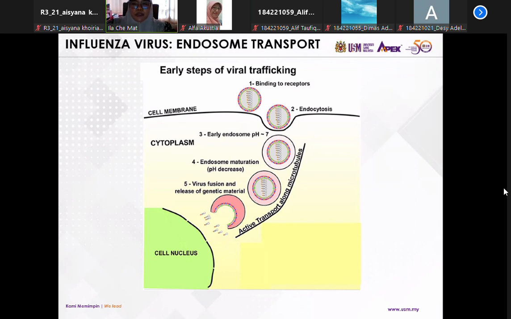For the chemistry part, people are now looking for treatment, and also detection.